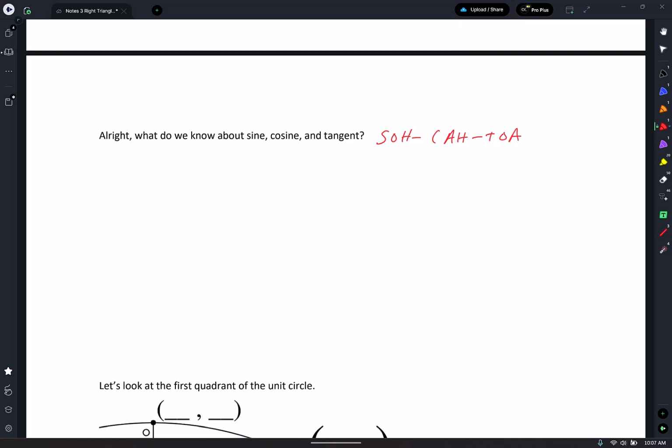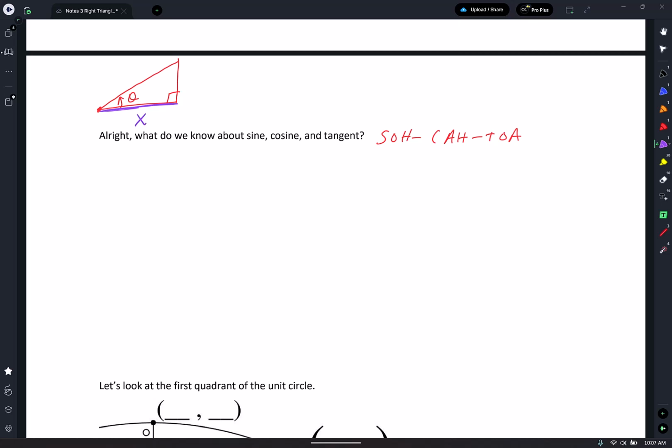Are we still okay? If I draw a right triangle right here, I'm going to say this is my angle. In physics, have you already talked about horizontal and vertical displacements?